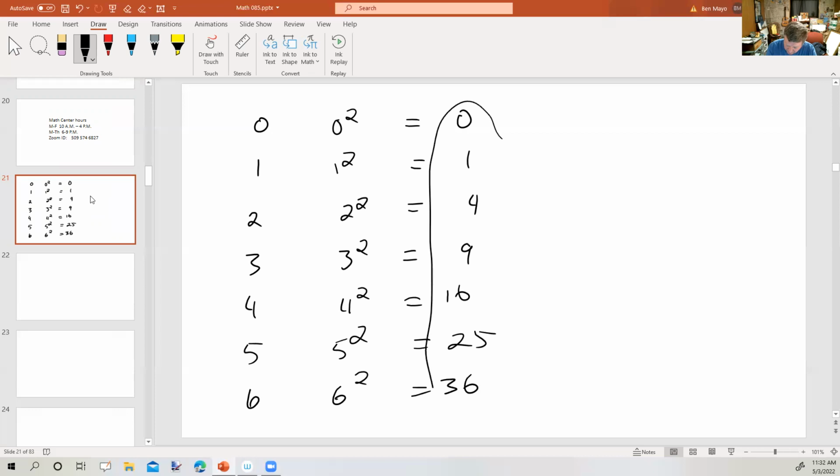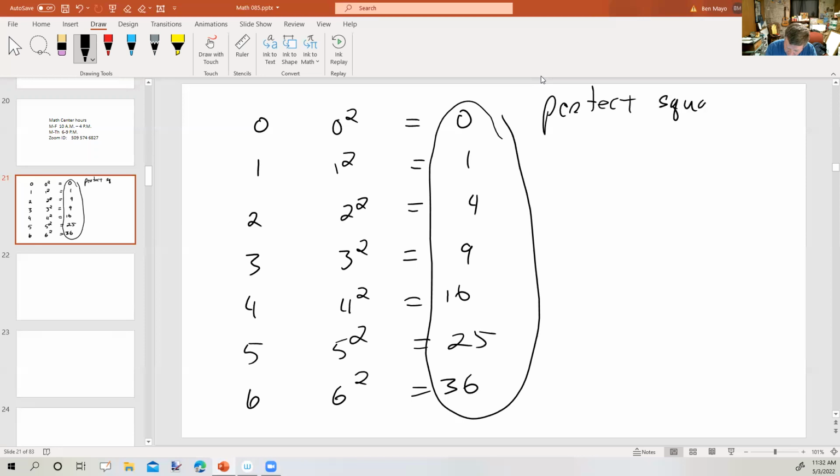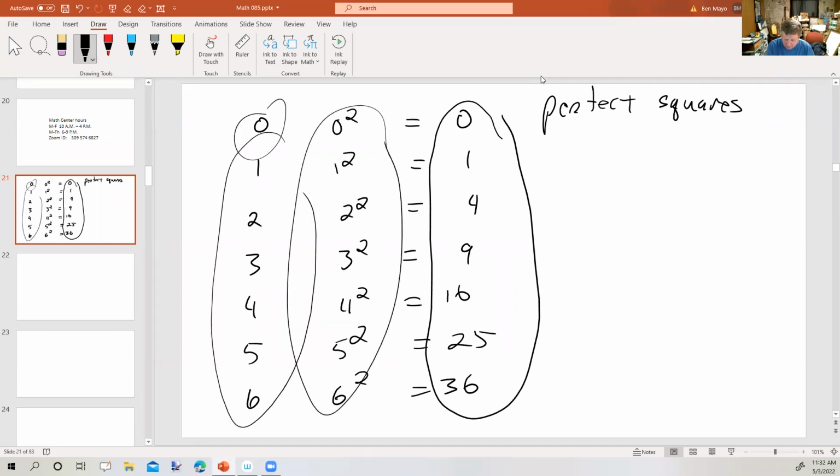These are called perfect squares. They have two identical factors. We took some number and we squared it and we got these perfect squares.